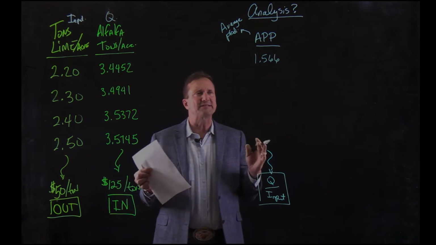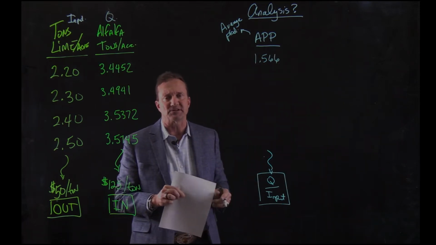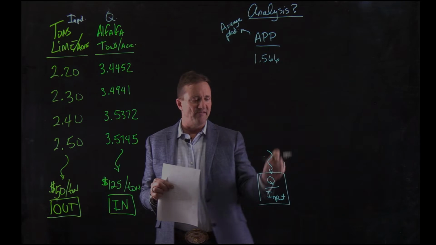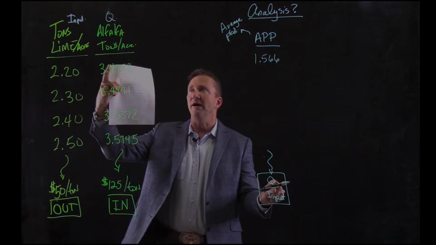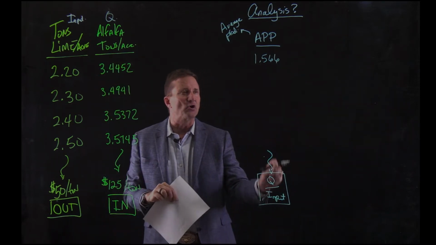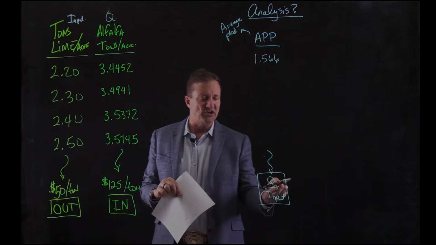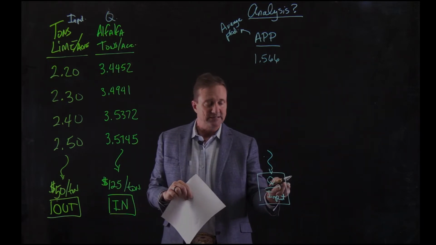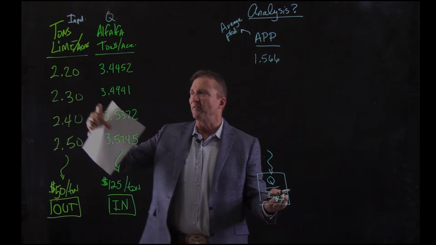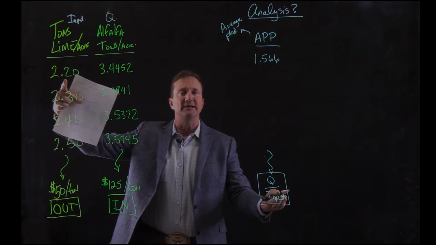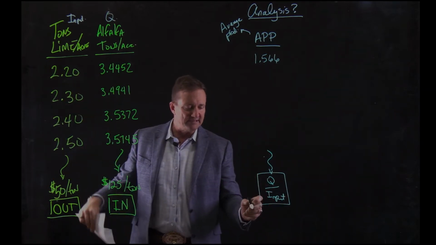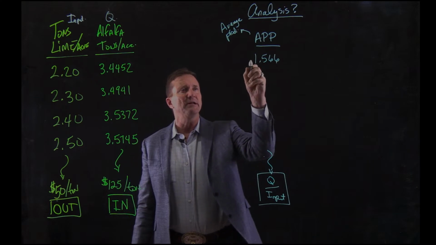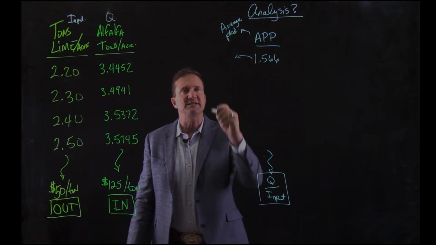If you do that with me, that's going to be an average of 1.566. Now, what does that 1.566 represent? It represents the quantity, which is what? Alfalfa tons. So 1.566 tons of alfalfa divided by whatever the input was, which is 2.2. So what is this? In my first example here, let me draw a little arrow over.